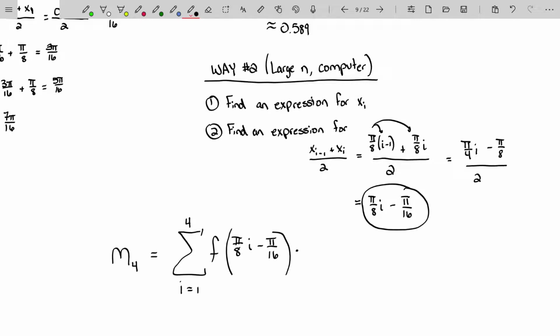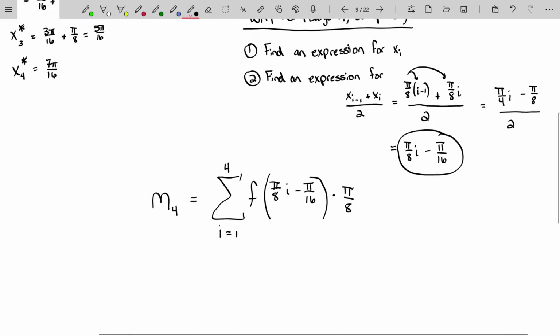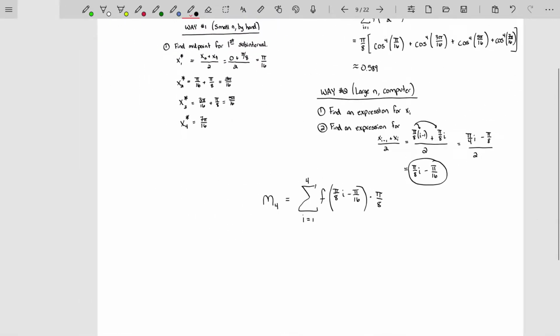And then remember, the delta x in this case is pi over 8. But then all I really need to do is plug in I equals 1, 2, 3, and 4, and you're ready to go. So that's how you would do it if you're using some type of computer or whatever.